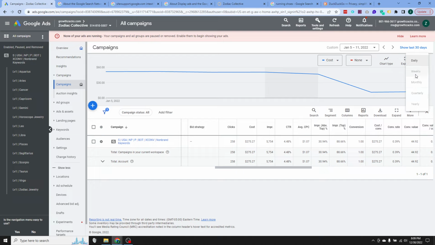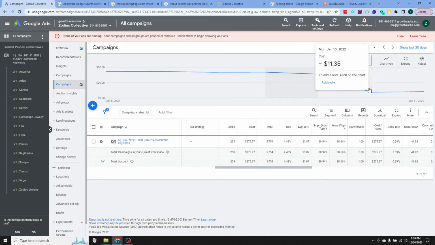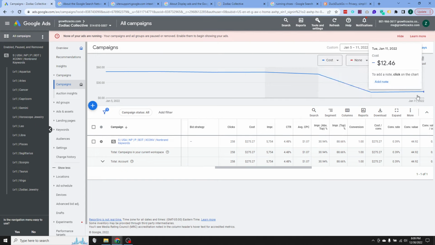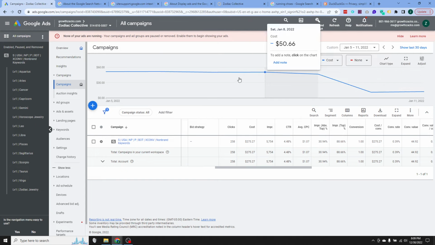But daily, weekly, monthly are usually what you'll use, and really daily and weekly are the best to show the trends. But daily, you can see the campaign spent fairly well here, and then it dropped off. I don't remember if I just lowered the budget or what. I forget what I was doing with this. Again, I learned pretty quick that I just had no interest in drop shipping with this store.